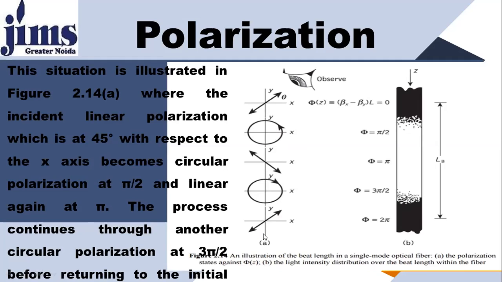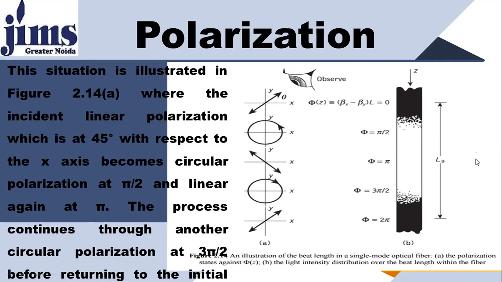So the mode starts propagating from this point, changes its polarization state continuously, and reaches the same state after a certain distance, and that distance is called the beat length. Look at the beat length. This particular polarization state is at 2 pi, this state is at 3 pi by 2, this state at pi, this is pi by 2, and after that it becomes that, and you are the observer seeing that phenomenon.